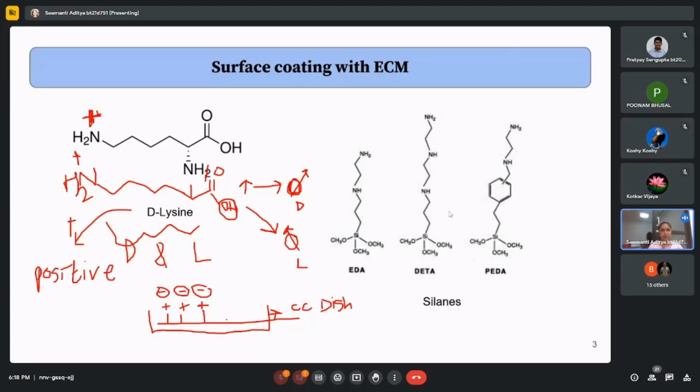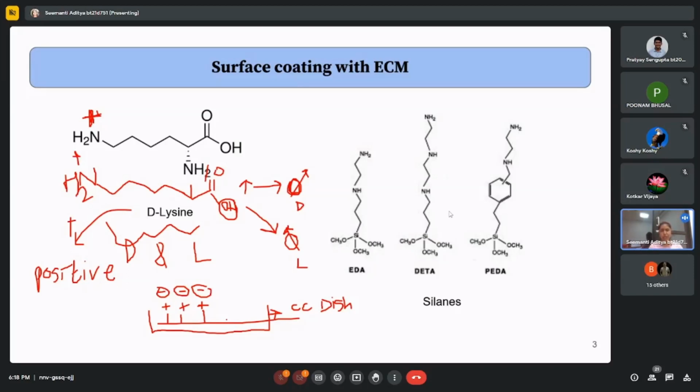It is not just true for poly D lysine; it is true for each of the ECMs that is coated. Depending upon the cell type, it is not always good to say that this concentration will work. It is different for different cell types, and depending upon the cell type that we are working on, we have to optimize at which concentration it is working, and how much volume we need to spread on the dish so that it is properly spread.